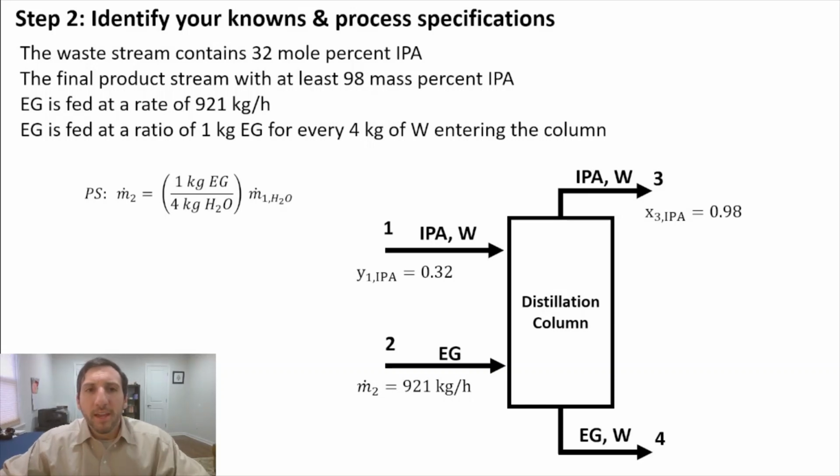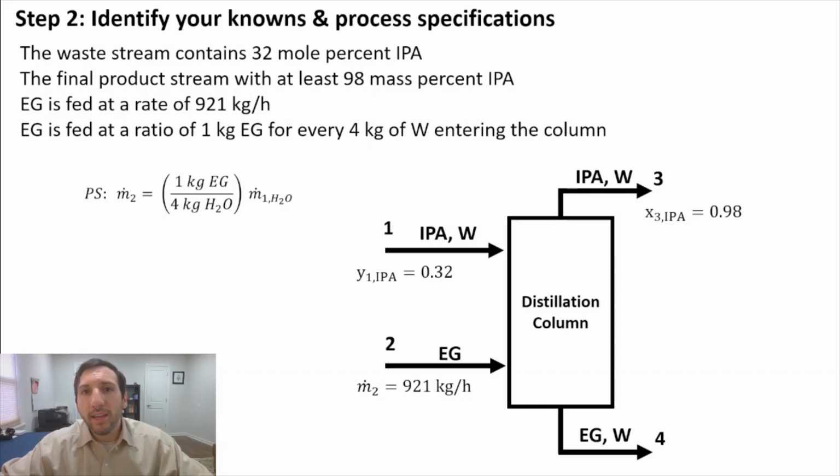Now, if you are ever uncertain with these conversion factors and which number should be in the numerator and which in the denominator, you can treat this as unit conversions. On the right-hand side of the equation, you've got 1 kilogram ethylene glycol over 4 kilograms of water multiplied by a mass flow rate of water.